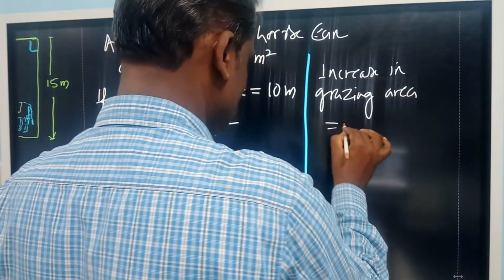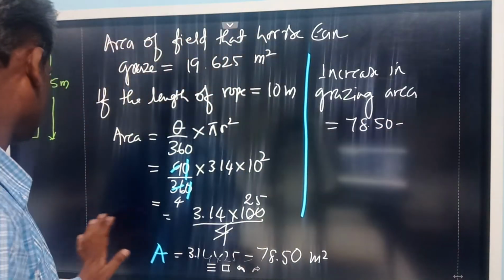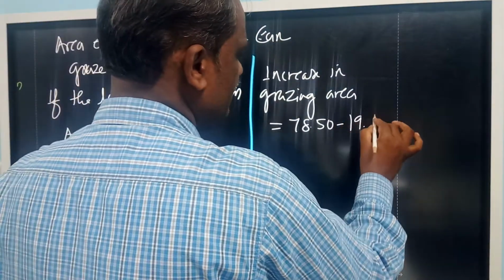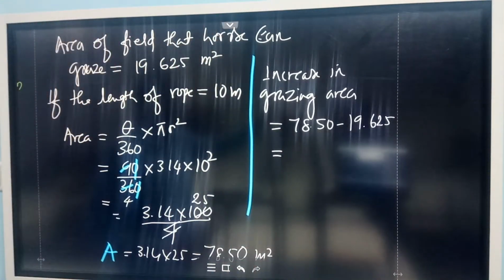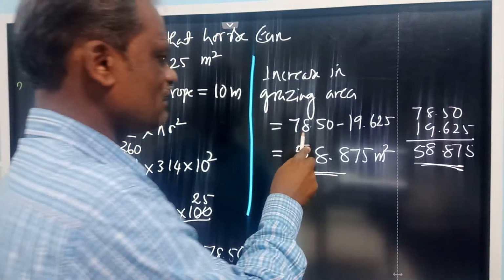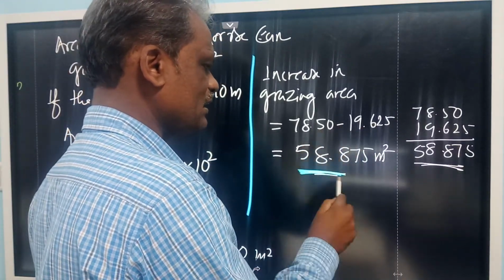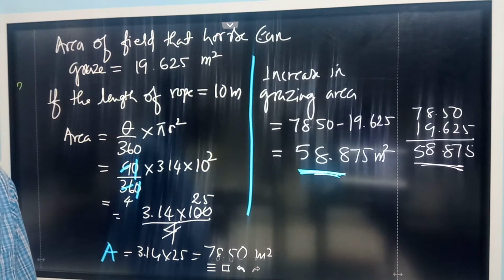You find out the difference between these two. 78.50 minus, with the 5 meter it is 19.625. So subtract 19.625 from 78.50, and you are getting the area equal to 58.875 meters square. This is the increase in area.